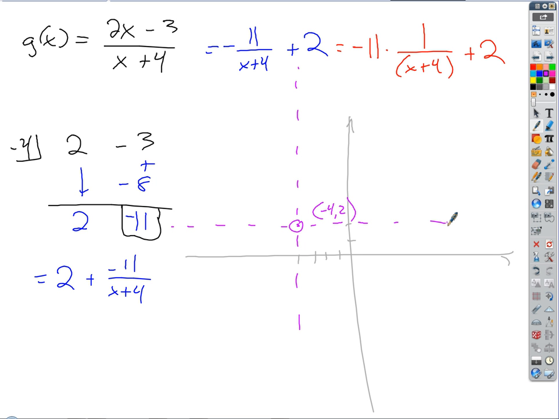Okay, if a is -11, what's that mean? When I go over 1, instead of going up 1, there's 2 things going on. It's negative, so what's that mean?